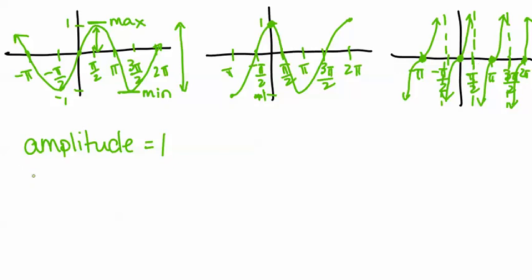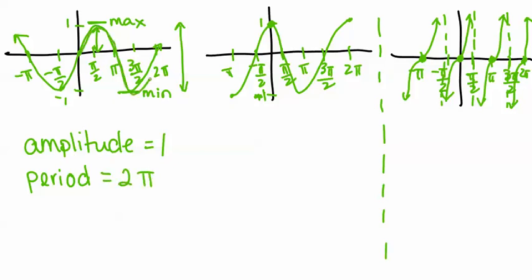Okay, and then the period of these graphs. Let's just leave tan out of this. The period for sine and cos is equal to 2 pi, because that's how long it takes to complete one full cycle of your graph. So 2 pi radians. Same with cosine, it takes 2 pi to go through a full cycle before it starts to repeat itself again.